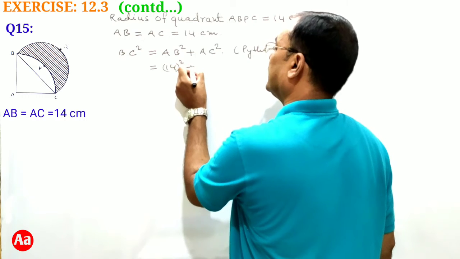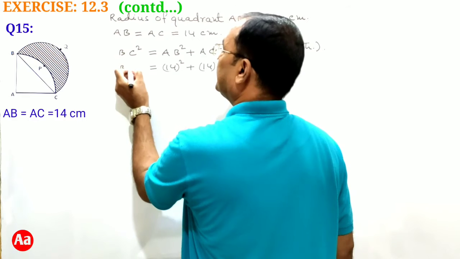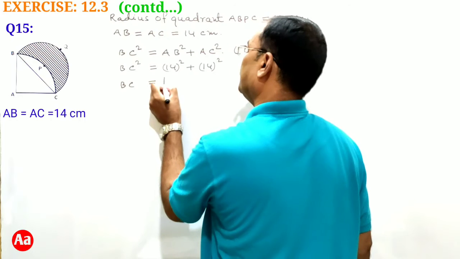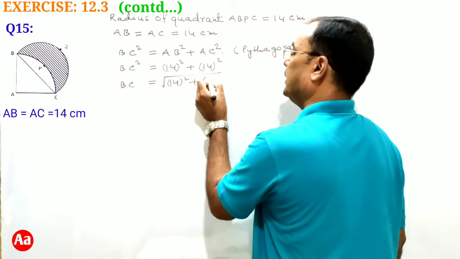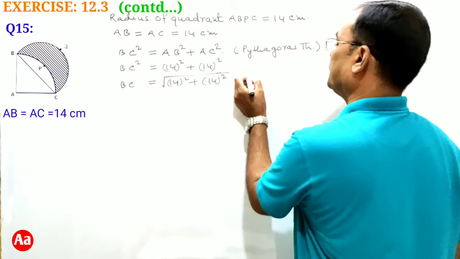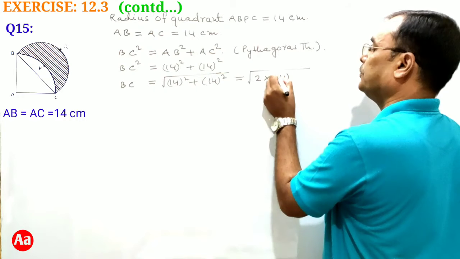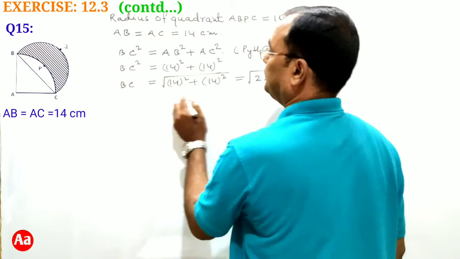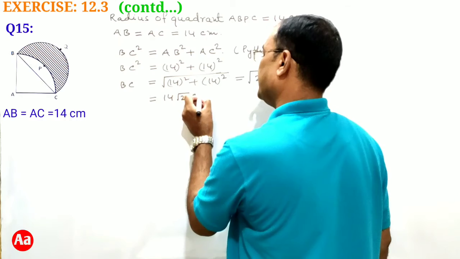BC is equal to under root 14 square plus 14 square, equal to under root 2 into 14 square, and this is equal to 14 under root 2 centimeter.